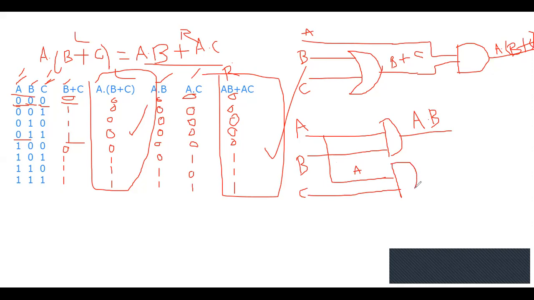AND gate. A dot B, A dot C. For these two, we are doing plus. Plus means OR operation. OR gate.